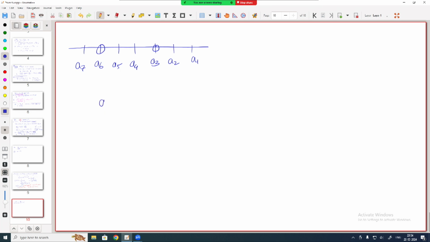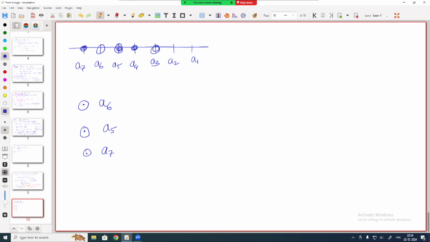Maybe I pulled out A3 and A6, so I remember A3 the first time around. Again I pull out 2 numbers, maybe A3 and A5, then I remember A5. Do it again, maybe I pulled out A4 and A7, and A7 is the smallest. And so on. Then I will take the maximum of the minimums.